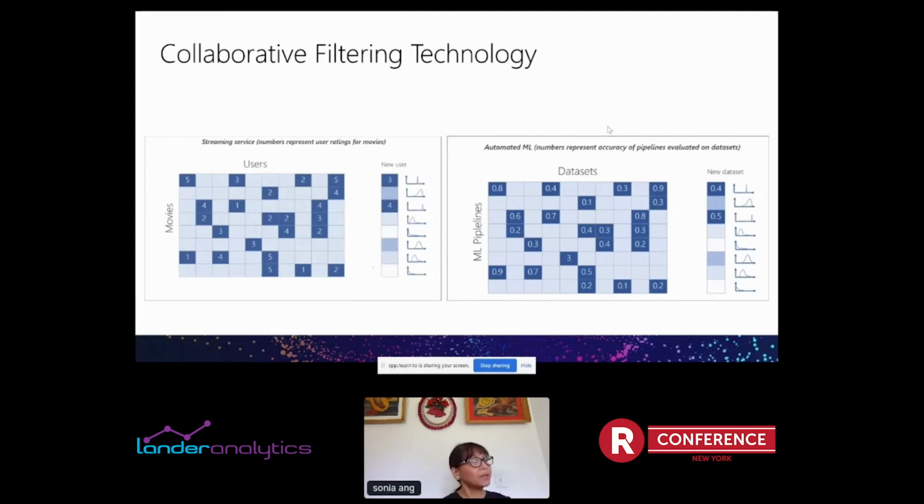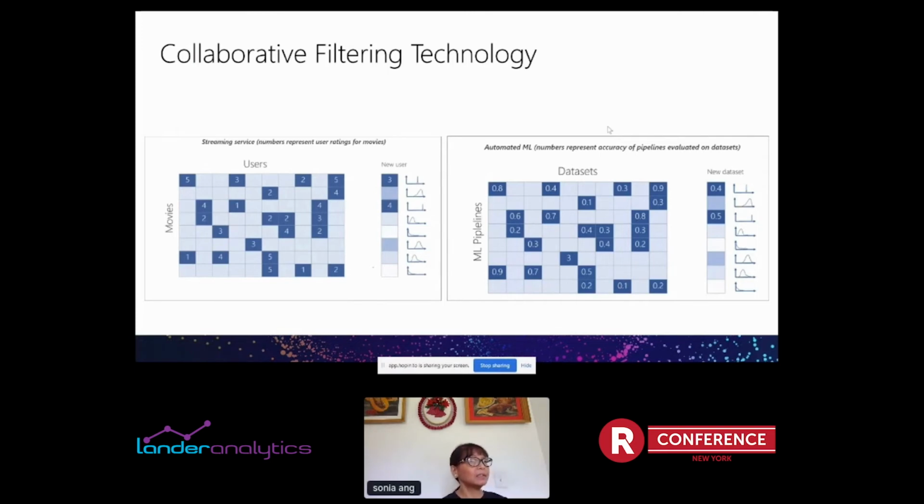The same method was drawn from this, and you could see here that from all the other data sets in the experiments that were available on the right-hand side, the approach is that if two data sets have similar results for a few pipelines, it is likely that the remaining pipelines will produce similar results as well.